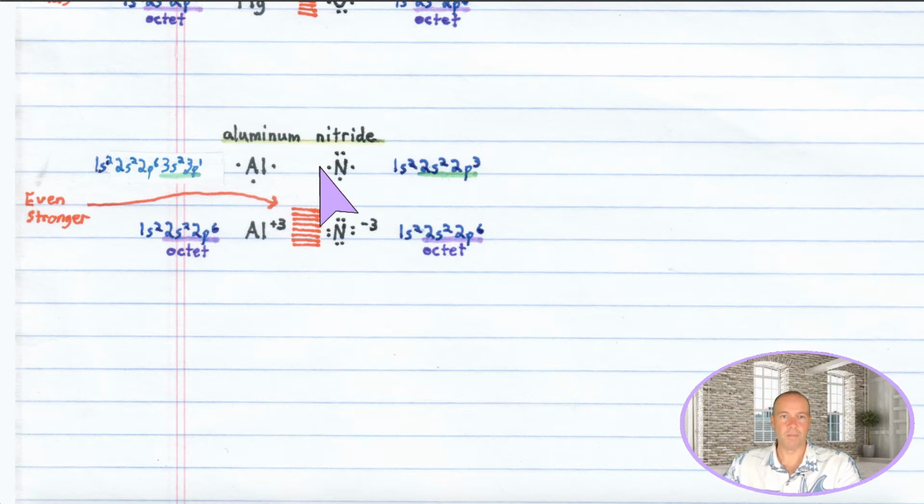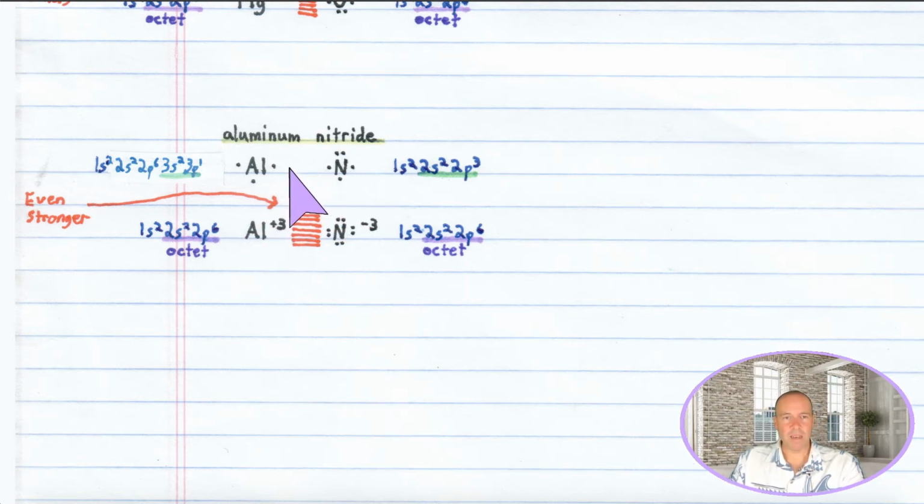So here they are, and there are their corresponding electron configurations. So you can see the 3 valence electrons in the third shell of aluminum and the 5 valence electrons in the second shell of nitrogen. And again, this is an ionic compound because it's metal and nonmetal, so electrons are transferred all the way over. The metals will be the ones that lose their electrons, and the nonmetals will gain the electrons. So aluminum will lose all 3. They'll go over to the nitrogen, and aluminum becomes a +3 charged ion.